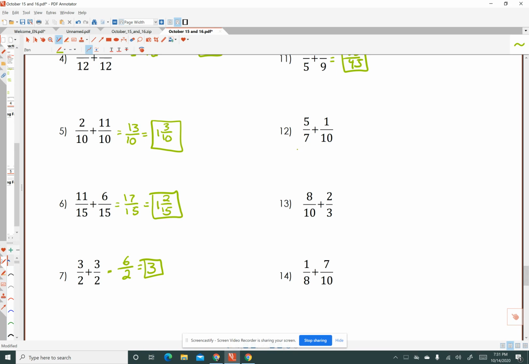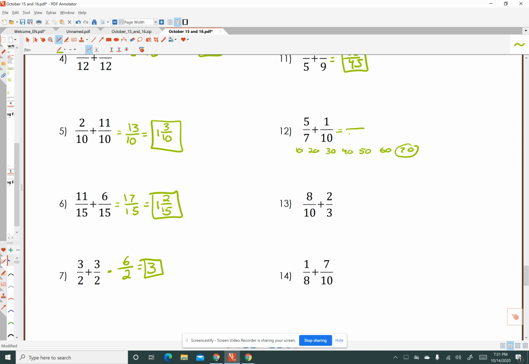So multiples of 10 are 10, 20, 30, 40, 50, 60, 70. When we get to 70, we know that that's also a multiple of 7 because 7 times 10 is 70. So that's kind of easy mental math for us.